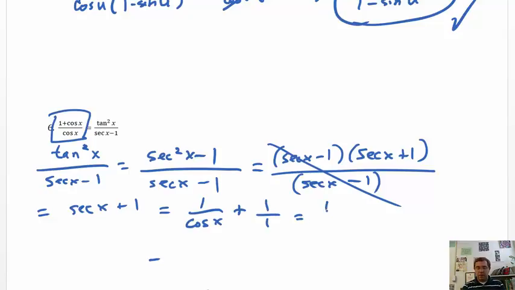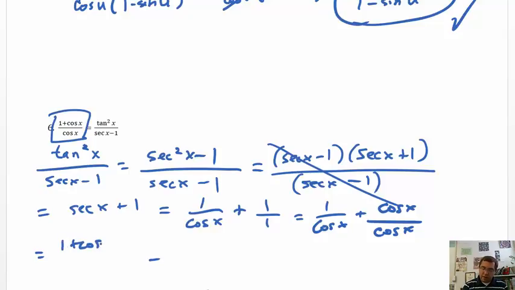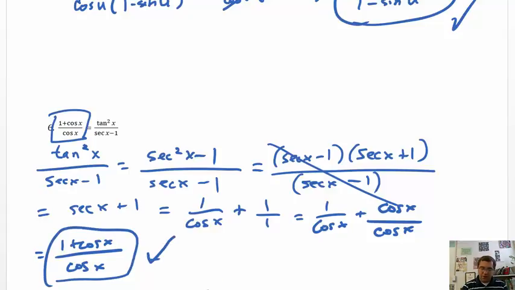Let's get a common denominator of cosine by rewriting the 1 as cosine of x over cosine of x. Now let's combine those together: 1 plus cosine of x over cosine of x. Ho ho ho! That's what I want. Boom. I'm done. Isn't this fun?